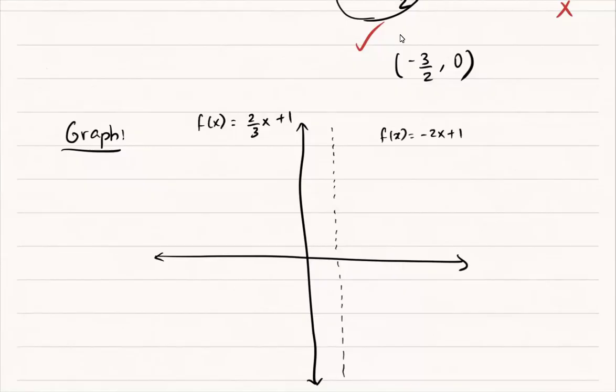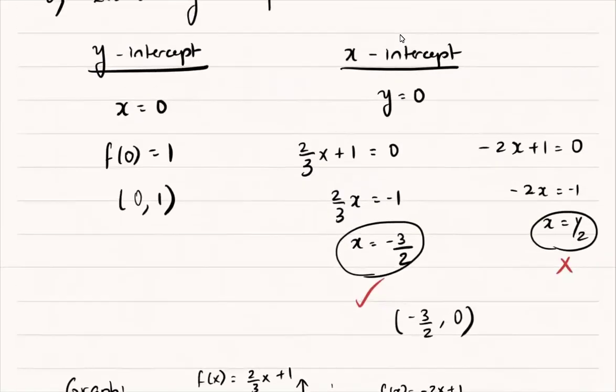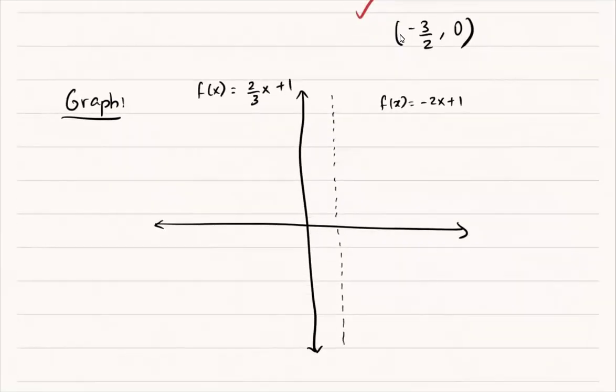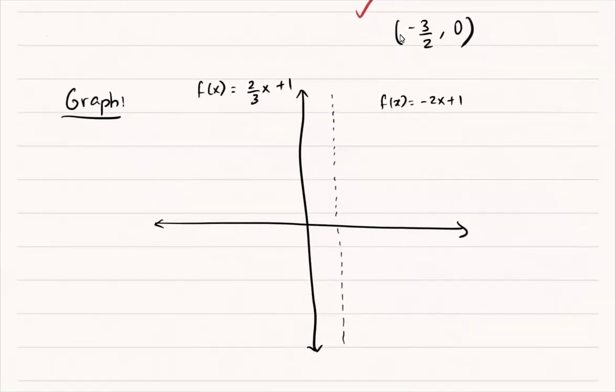Now you can use the intercepts that you already calculated. You know that f(0) was 1, so (0, 1) is a point. That is a very easy point to mark.